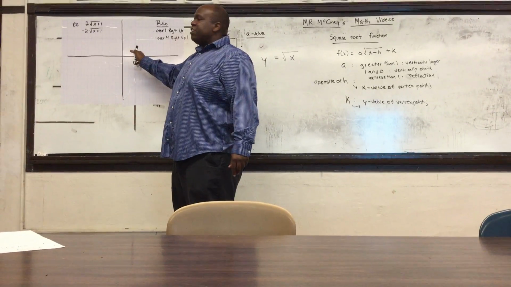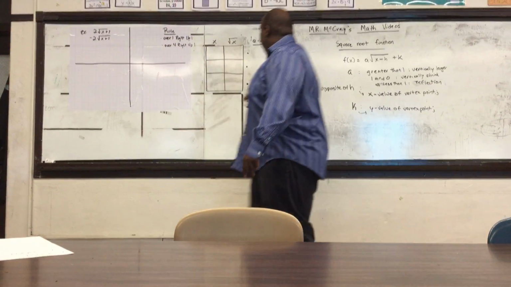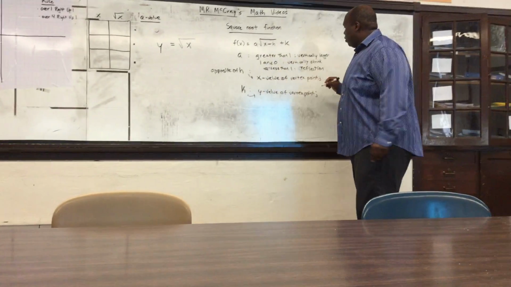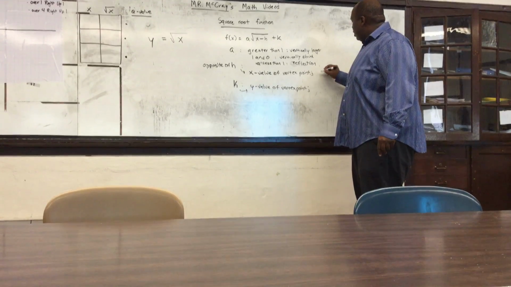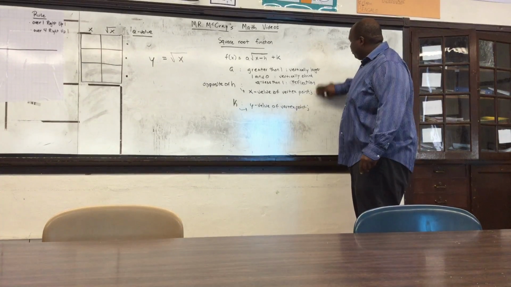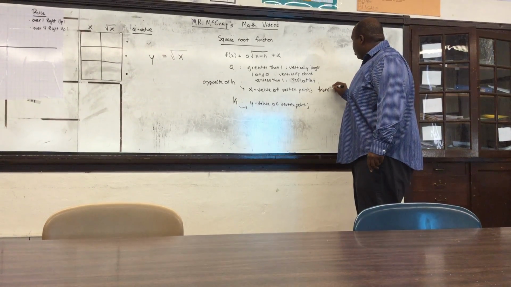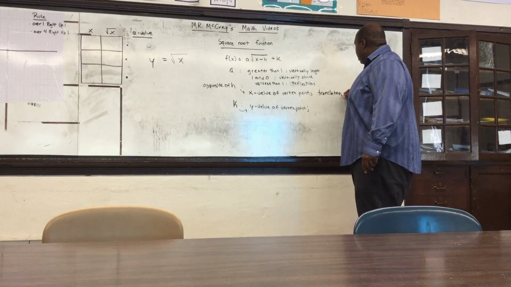So if it's at this point right here, if we change the h value, it could go left or it could go right this way. So that's going to help us. The h is going to give us the shift, the translation. If you know what translation is, this means it's shifting right or left.